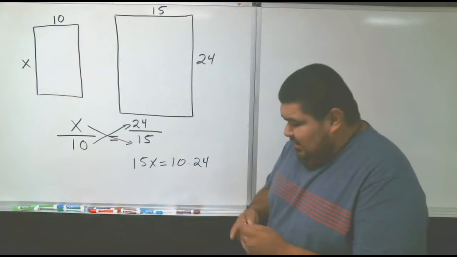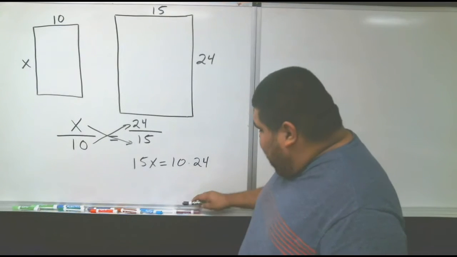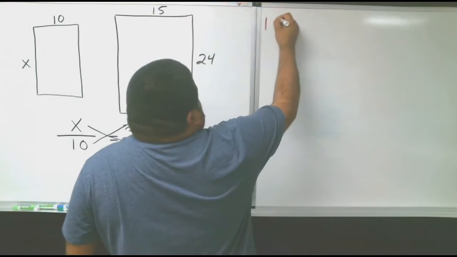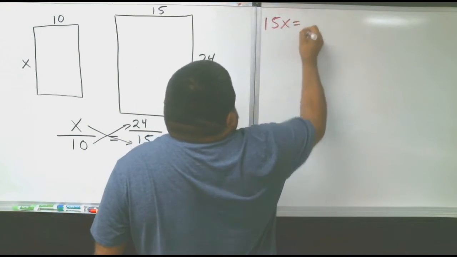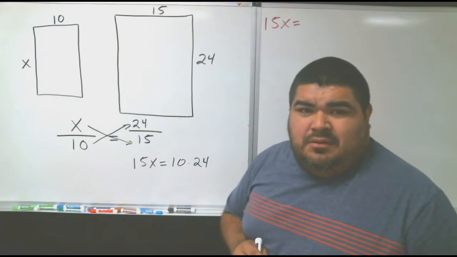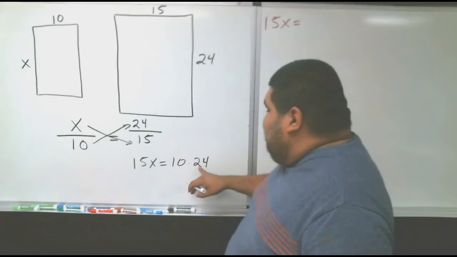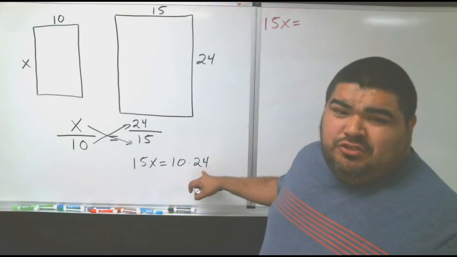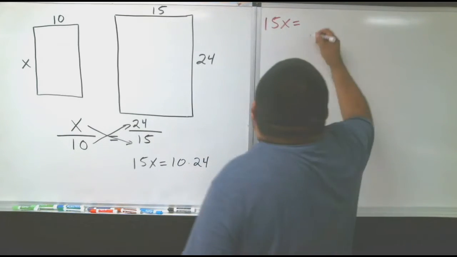On the one side we have 15x, equals 24 times 10. All we have to do is add the 0 to 24, because 1 times 24 is just 24. Add the 0, so 240.